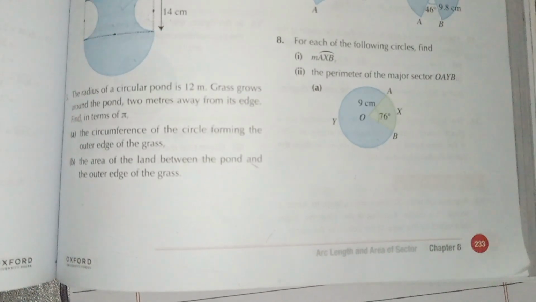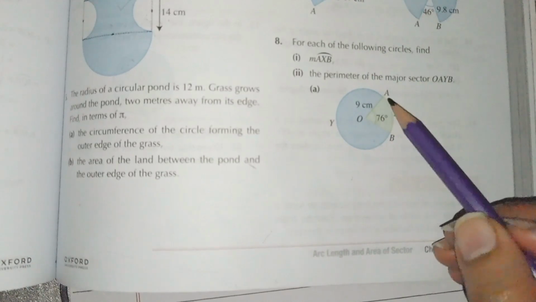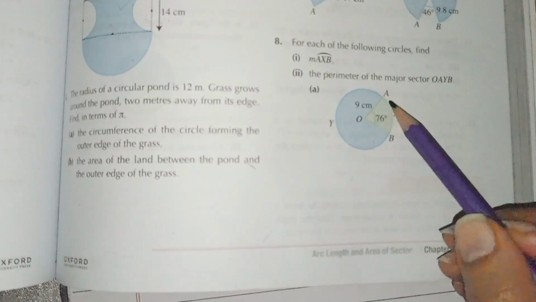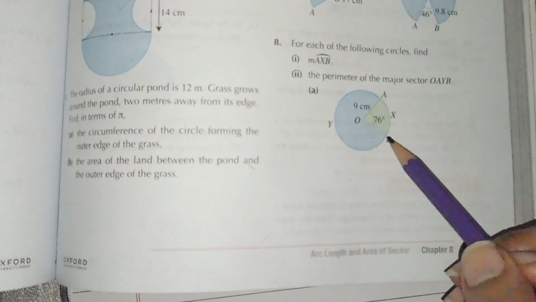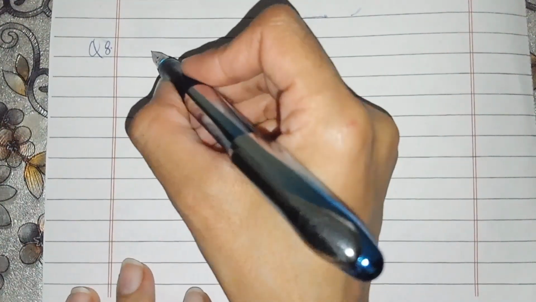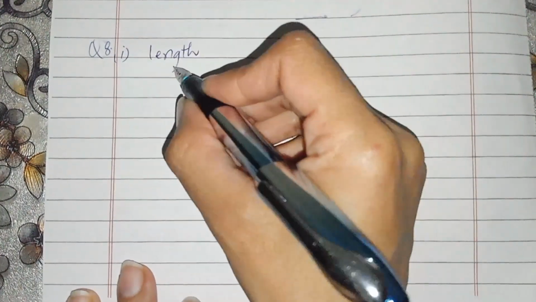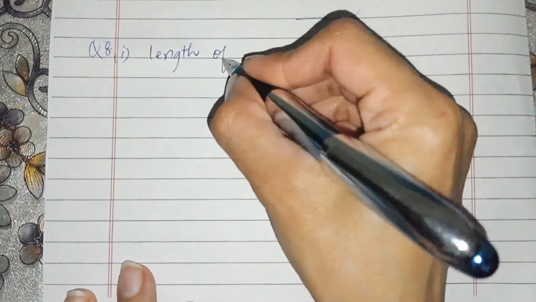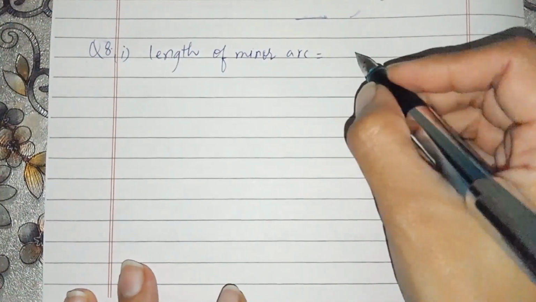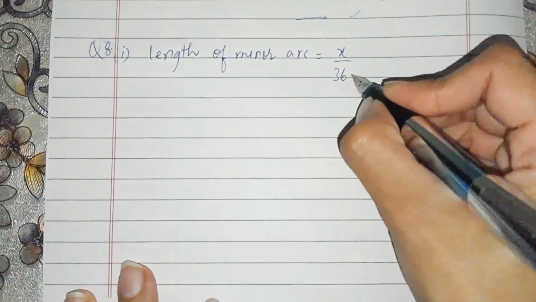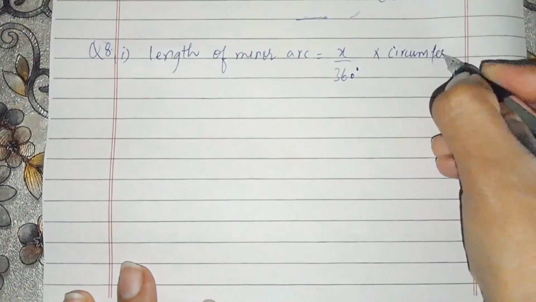Now students, question number 8, for each of the following circles find the length of arc AXB. We have to find the length of this arc. And now students, question number 8, part number 1, length of minor arc, and formula is x over 360 degree multiply by circumference.